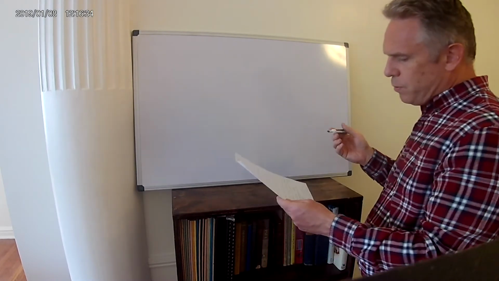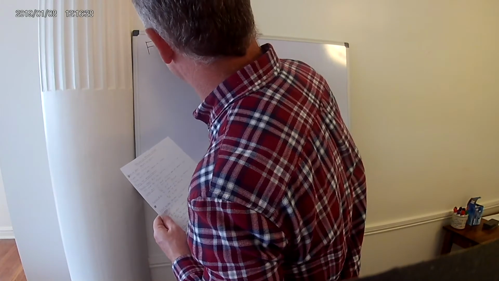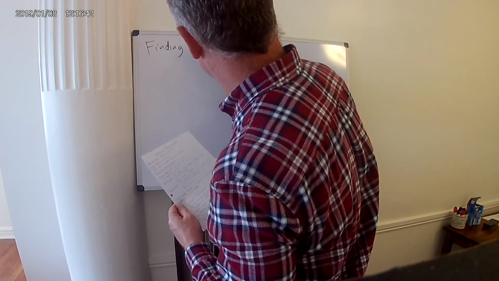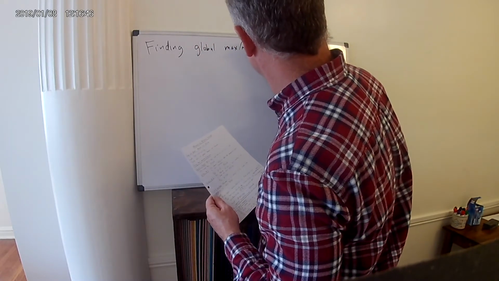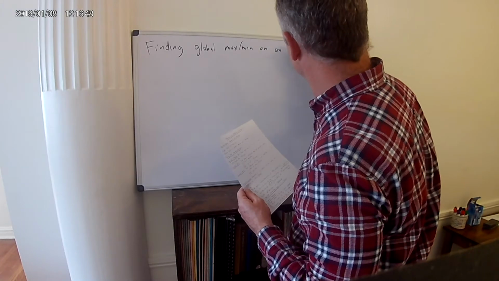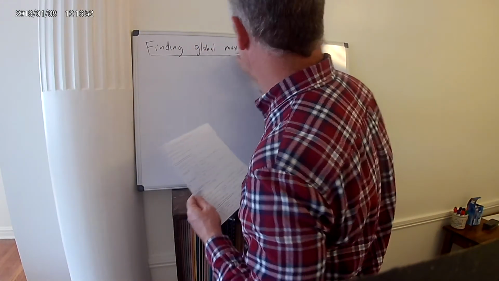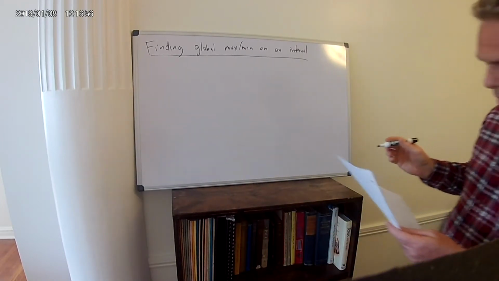There's a procedure for finding an absolute max. There's one more topic we need to talk about: finding a global max or min on an interval. There's a method we can use.